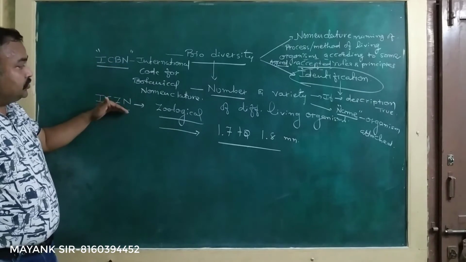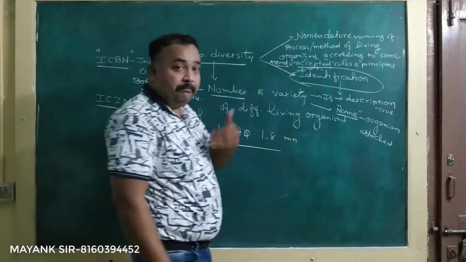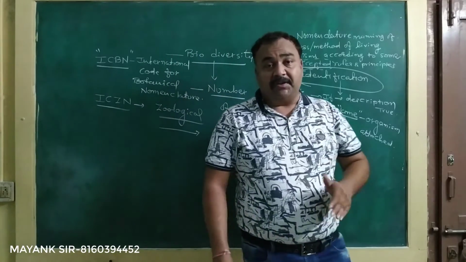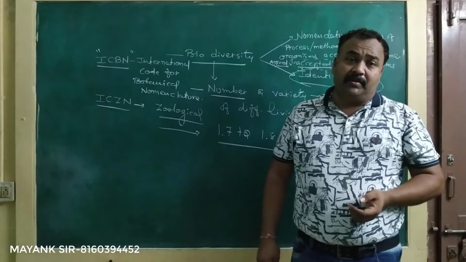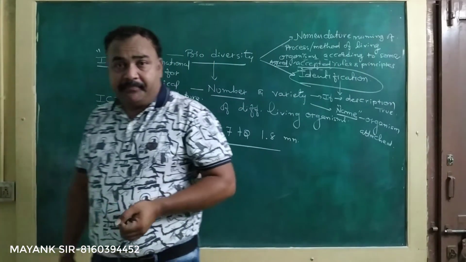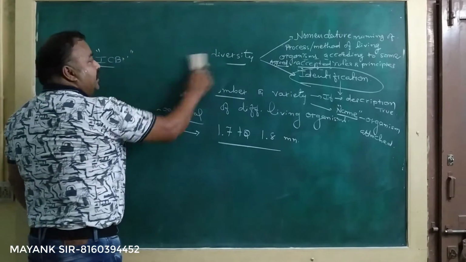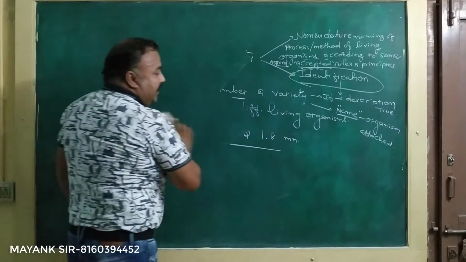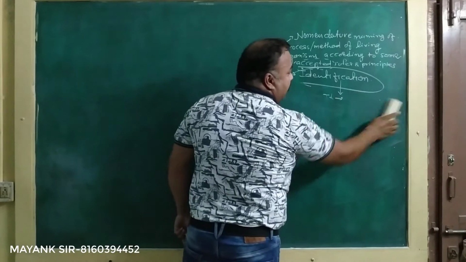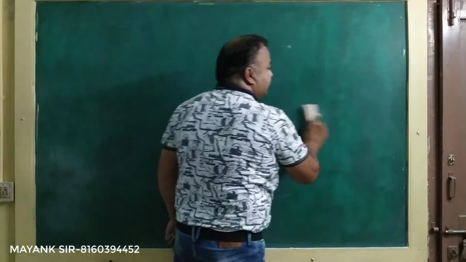So these are the two unions which prepare the criteria, the rules, regulations, and principles for nomenclature of living organisms. And the nomenclature of the organism always depends upon the agreed principles.